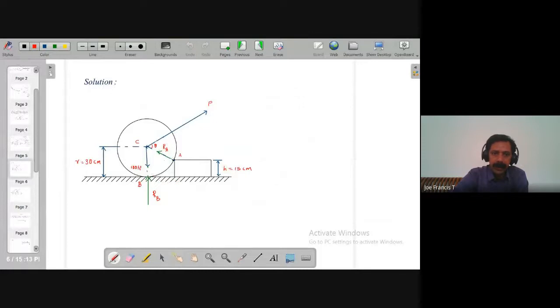You have identified the various forces acting on this sphere.